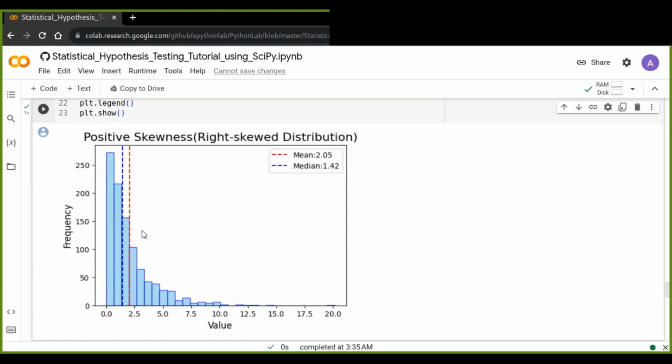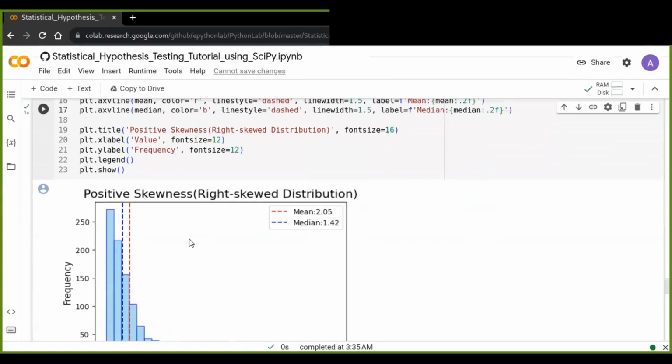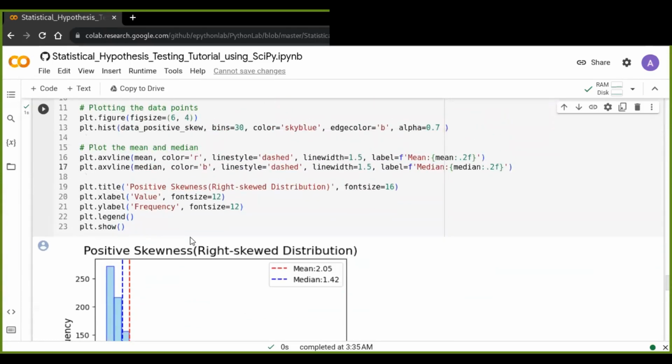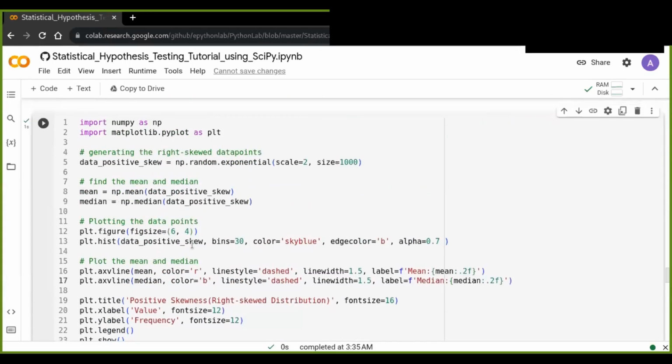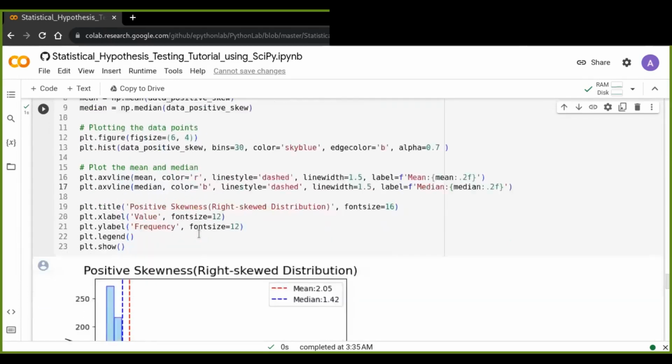So in the real world, you can implement this on your data set, or you can plot the skewness or the distribution of the data set, and you can understand whether the data is skewed to the right or left of the mean and median of the data points.